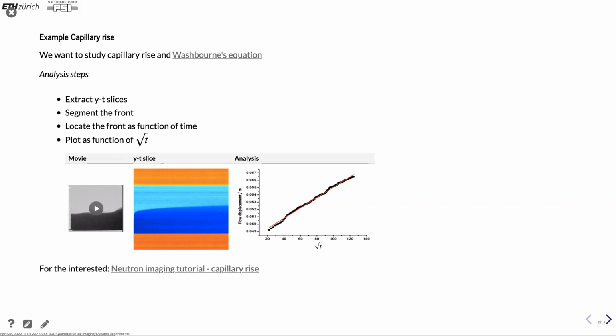So if you put in some porous sample, could be a stone, could be wood, could be a piece of bread, something like that, then the water is pulled up by capillary forces to a certain point. When gravity is pulling too much, this law doesn't apply. But in principle, what is happening is this rise that we can see in the movie.